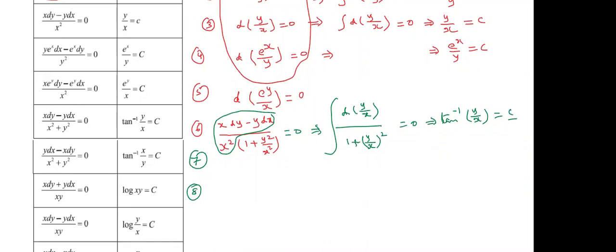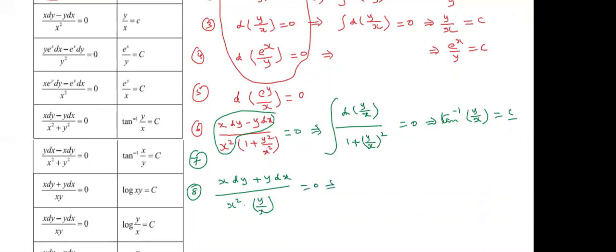x dy plus y dx divided by xy. Now how to write this, students? We can write x dy plus y dx divided by x square into y by x, d of y by x is equal to 0.